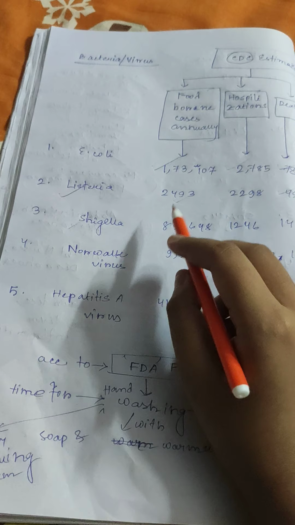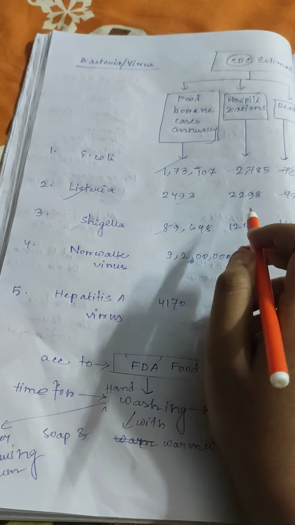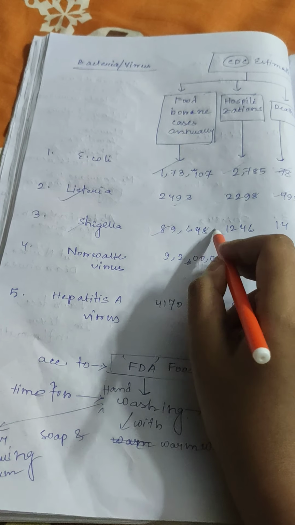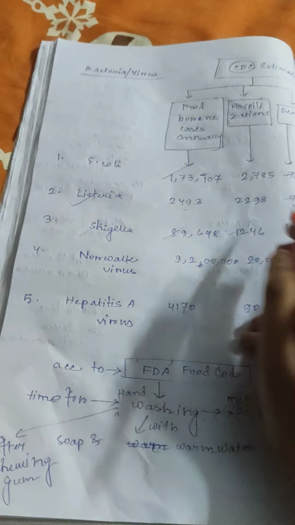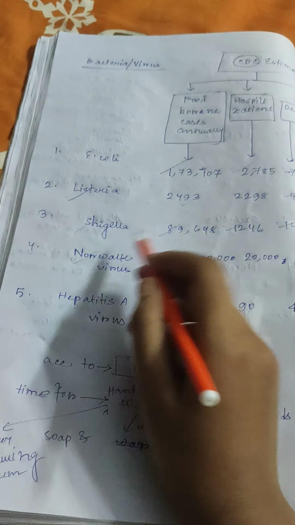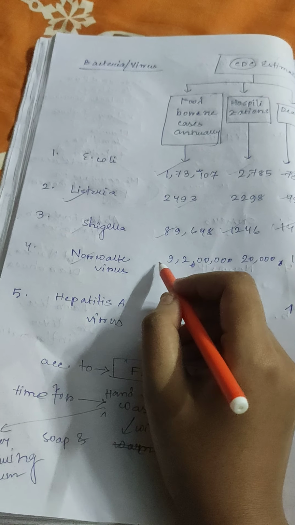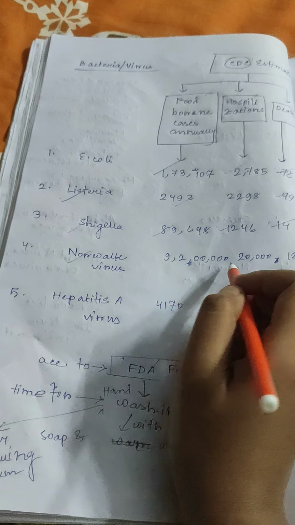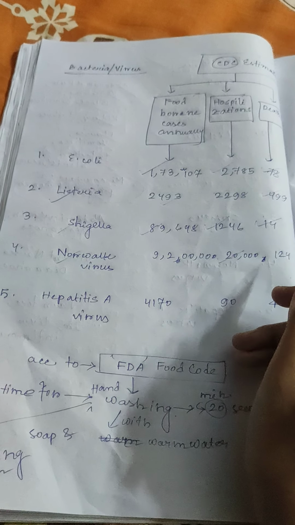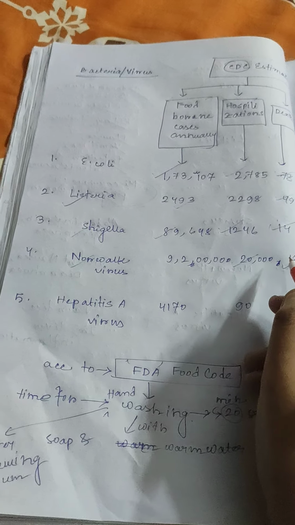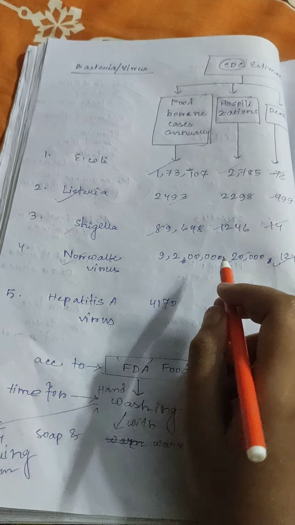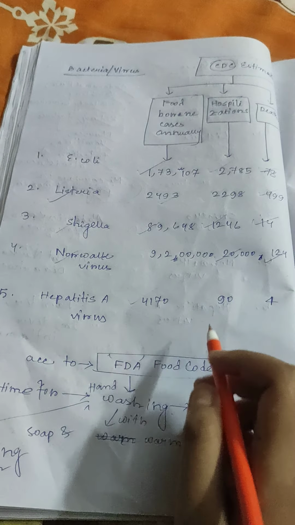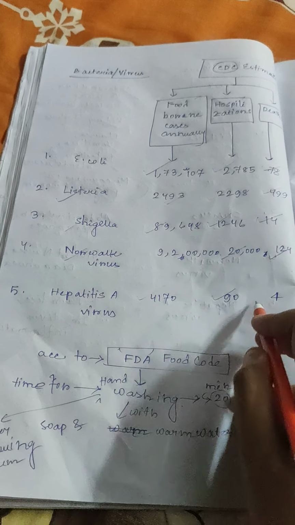Shigella bacteria, foodborne cases annually 89,648, hospitalizations 1,246 and deaths 14. Norwalk virus, foodborne cases annually 9 crore 2 lakh, hospitalizations 20,000 and deaths 124. Hepatitis A virus, foodborne cases annually 4,170, hospitalizations 90 and deaths 4.